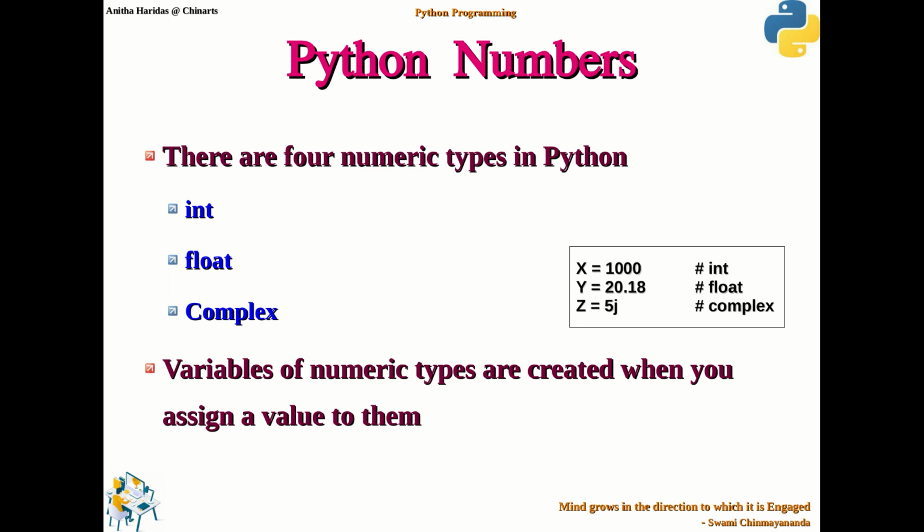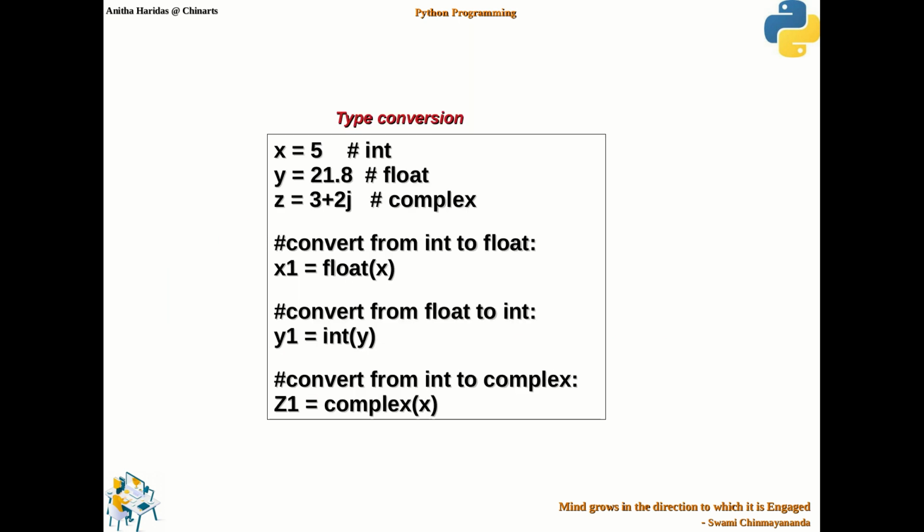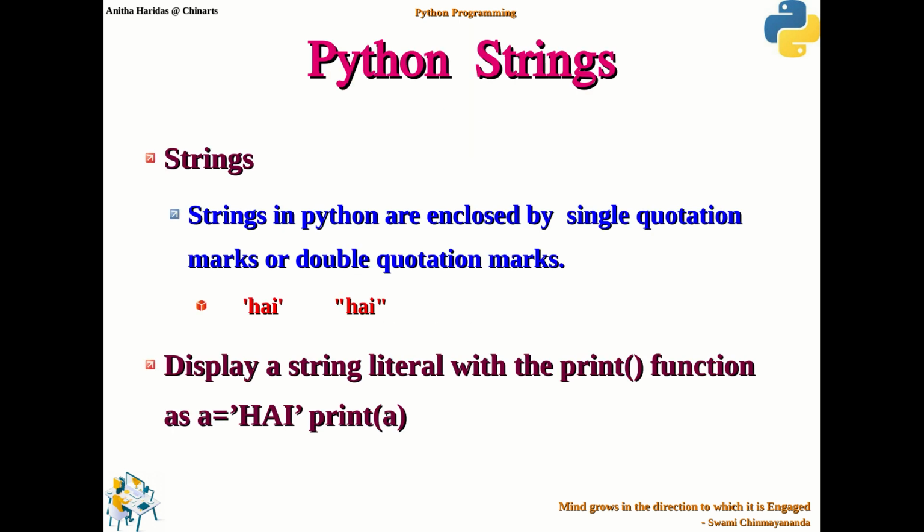Then the 4 numeric data types in Python were also discussed. We have integer, float and complex. Apart from that, long integer was also one of the numeric data types used in Python. Some examples we discussed, and how to do type conversion, typecasting, was also discussed.